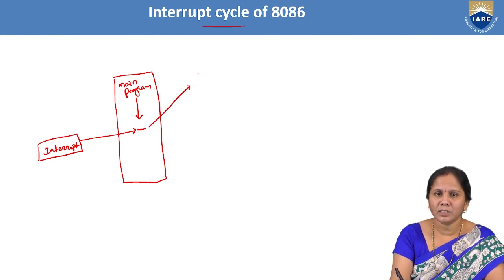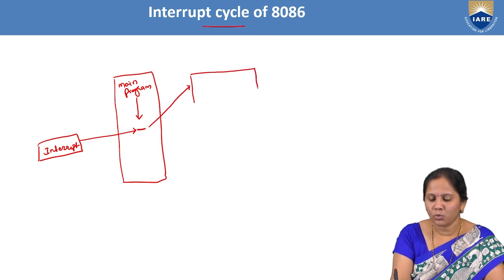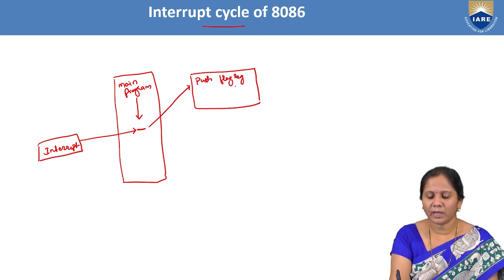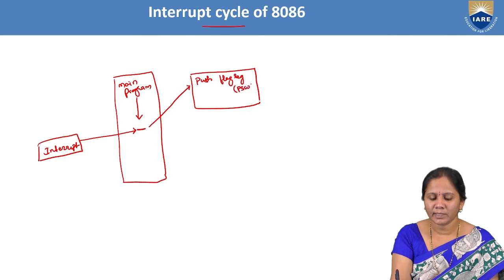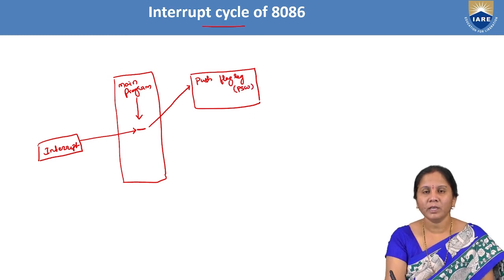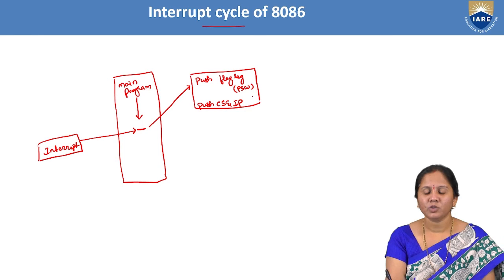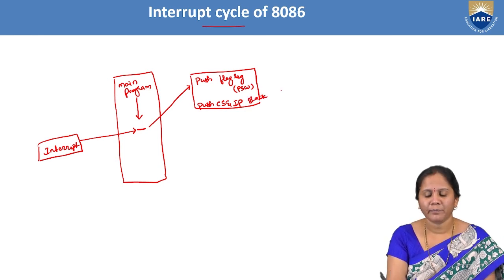Before branching the control to the ISR, it is going to push the flag register, which is nothing but PSW, and it is going to push CS and IP. These contents will be pushed onto the stack.